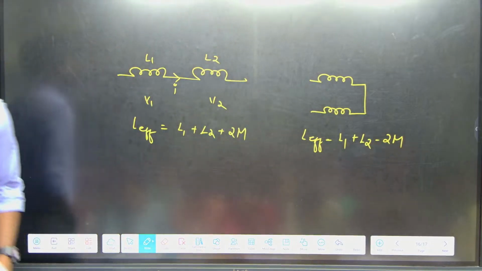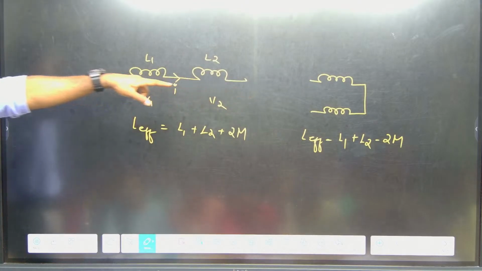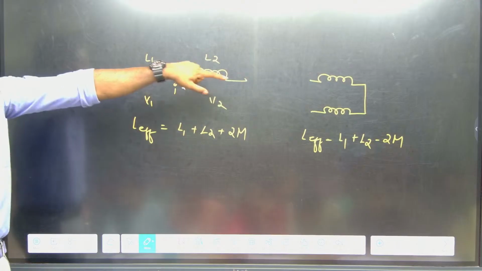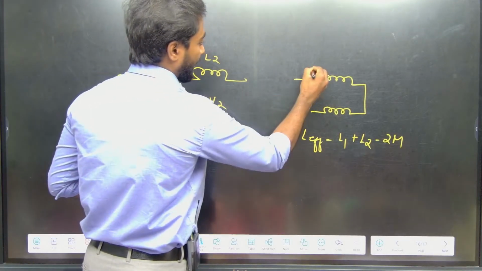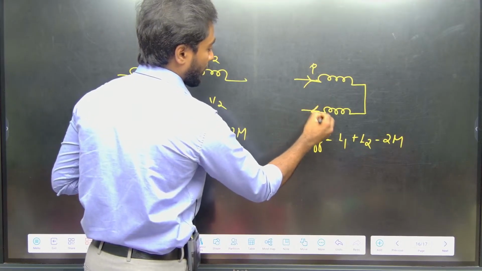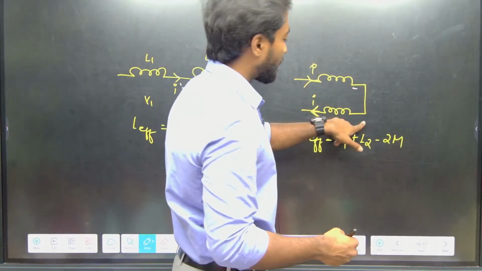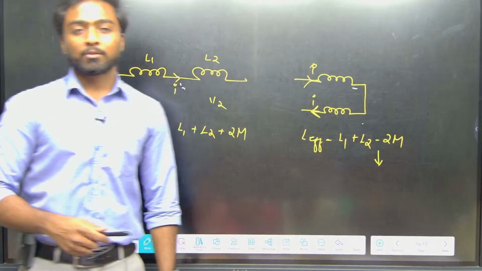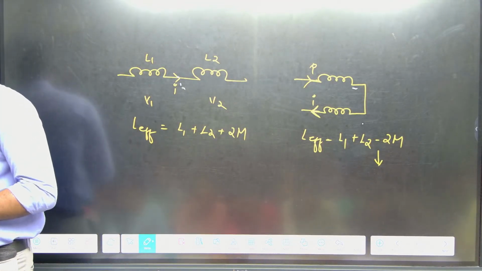The same thing I have bent in the other form. I have taken the same circuit, but I have bent in the other form, which means in this circuit the current is flowing in this direction, in this circuit the current is flowing in the opposite direction. For the first one it is right, for the second one it is left. That's why we have taken the minus symbol. So the minus symbol denotes that currents are in the opposite direction.